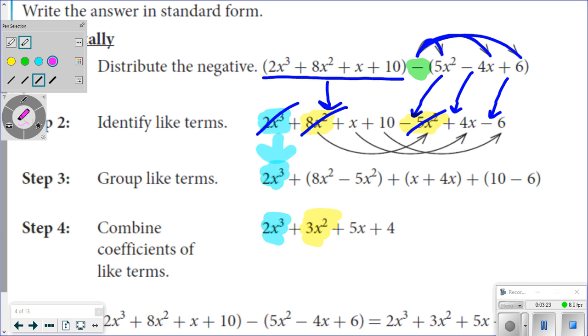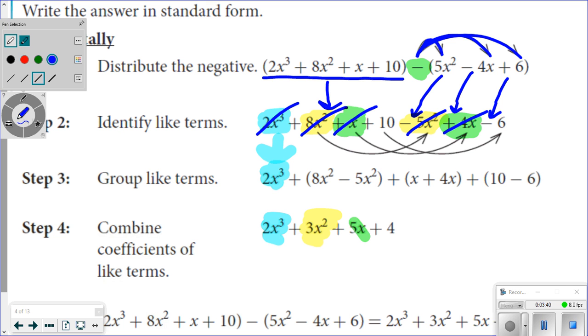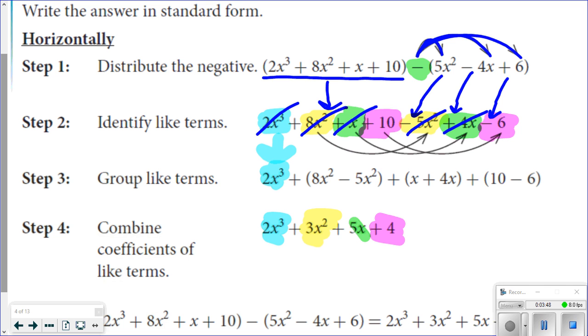Okay, let's look for the next highest degree, which would just be x's. So I have a 1x plus 4x. 1 plus 4 is 5, and then we've used those, so I'm going to cross them out. And lastly, I look for constant terms, numbers by themselves. So I have a positive 10 minus 6, which gives me 4.